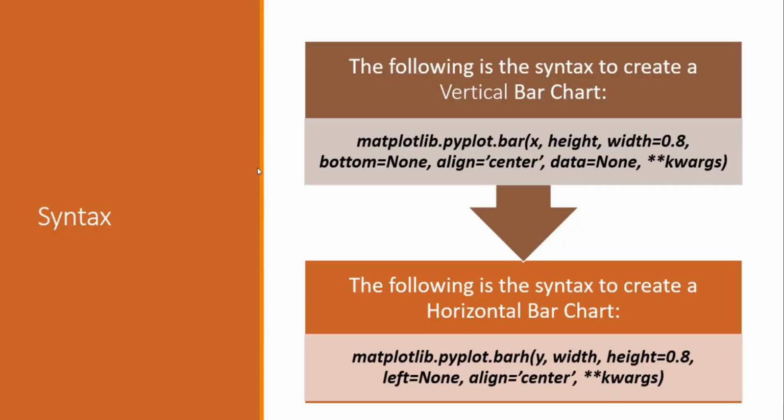The first parameter is y, the next is width, after that we pass height, and the default value for the height is 0.8. Next we pass left, and the default value for this is None. After that we pass align, and the default value for it is center, and then we pass keyword arguments by using which we can beautify the bar graph.